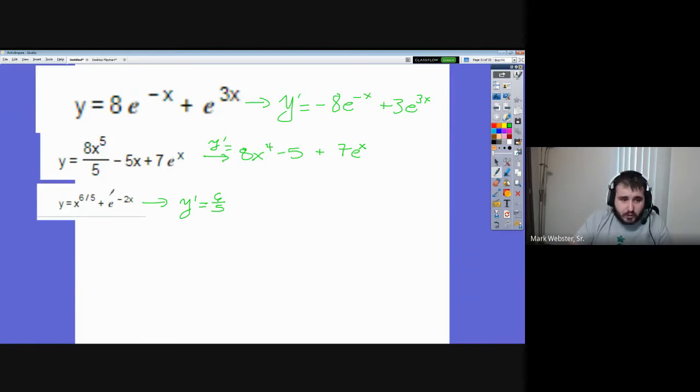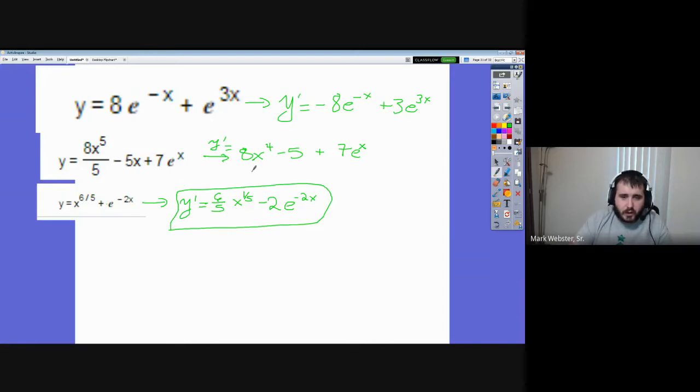We're going to subtract 1 from that exponent and get 1/5. And we're going to do this thing here. We're going to bring down the negative 2. And remember, the e to the x part stays the same. So it was a negative 2x. It stays a negative 2x. And that's it for these.